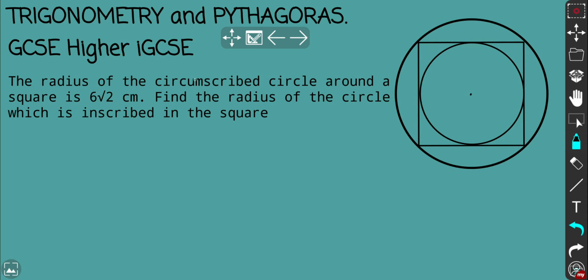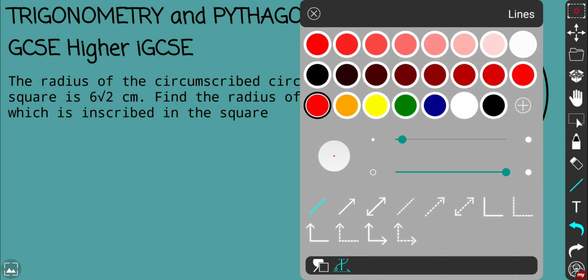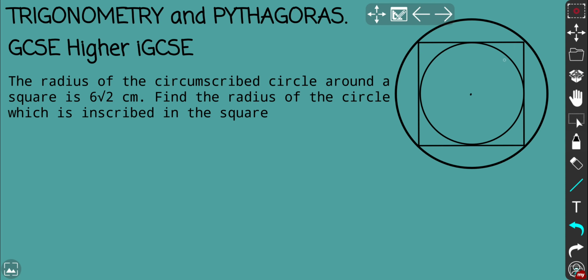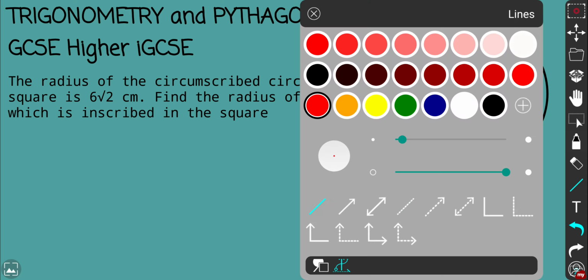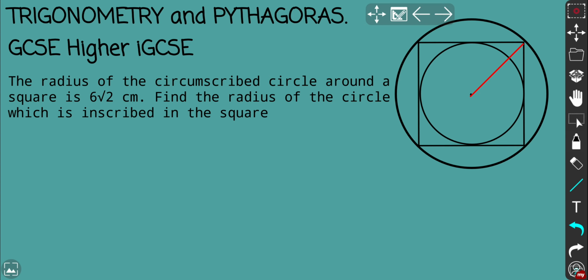So for example, again you have the same problem, and in this case, instead of drawing diagonals all along through the square from one angle to the opposite, I simply put another line, which is the radius of the inner circle.